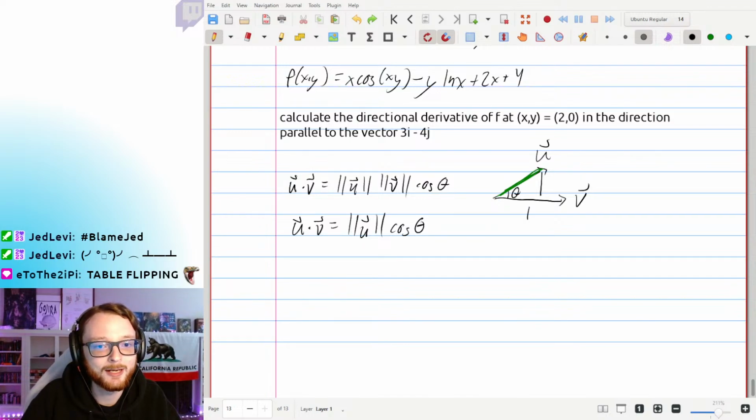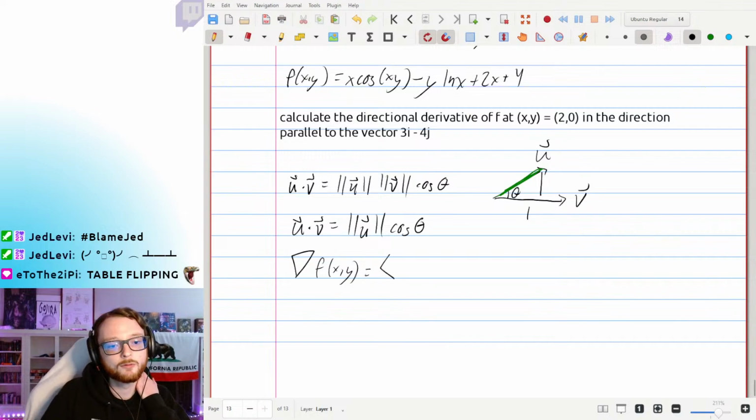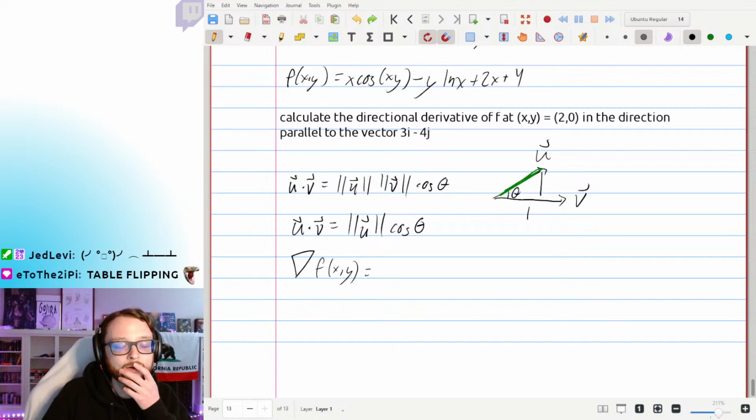But to actually do the question here, I guess we want to get the gradient of f first. If we're using i and j here, we can use i and j notation for the gradient. So the gradient is the partial with respect to x in the x direction. The partial with respect to x of this thing is a pain.